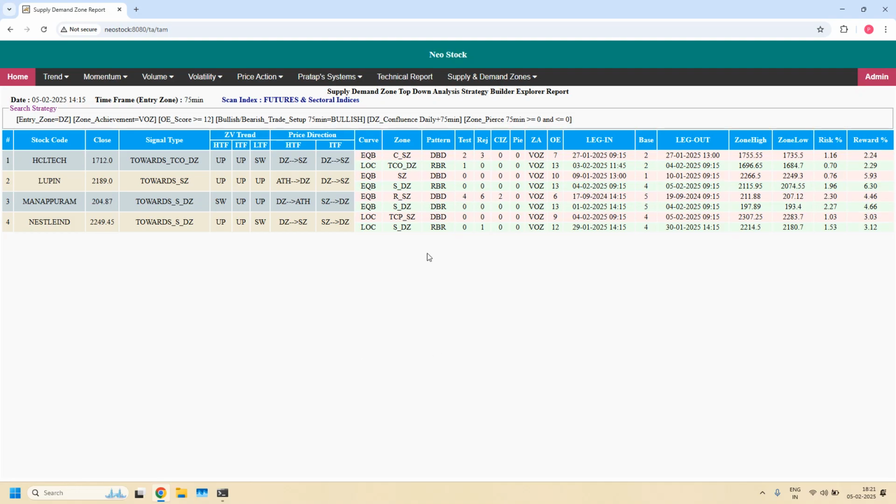Okay, that means all these 75 minutes demand zones are overlapped with daily demand zone. And the daily trend is up in all the 4 stocks, ITF trend. If daily demand zone is having daily EMA confluence in any of these stocks, then those 75 minutes demand zones are even more high probability setup supported zones.